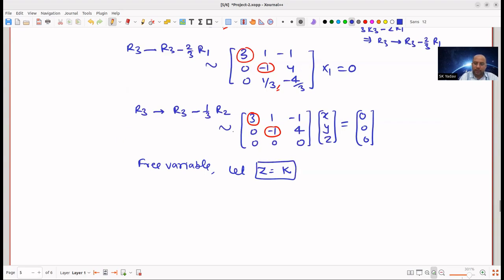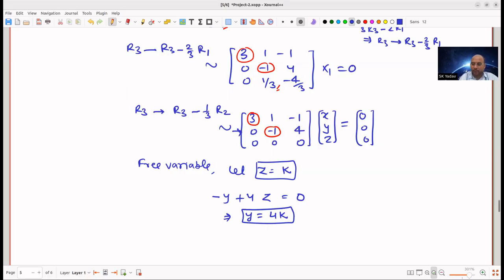Then by using the second row, what I got? 0 times x minus y plus 4z equal to 0. And this means y is equal to 4 times k because z is k. So 4 times k, this is y.